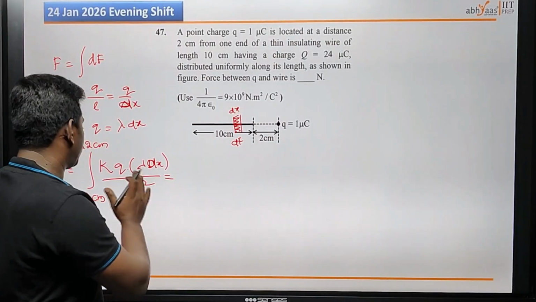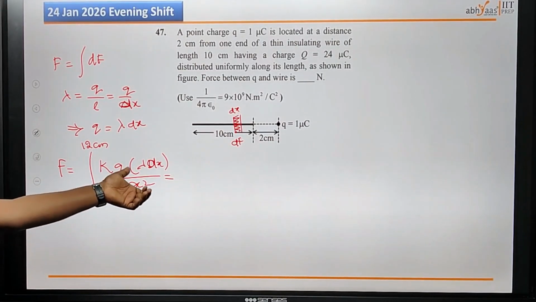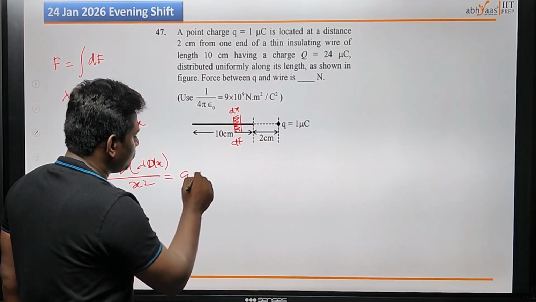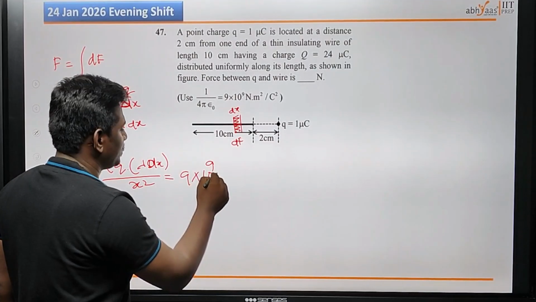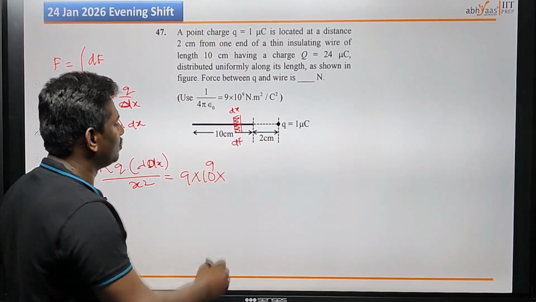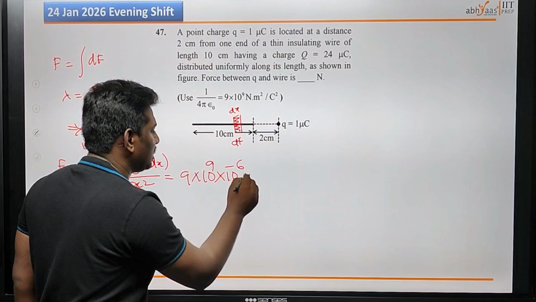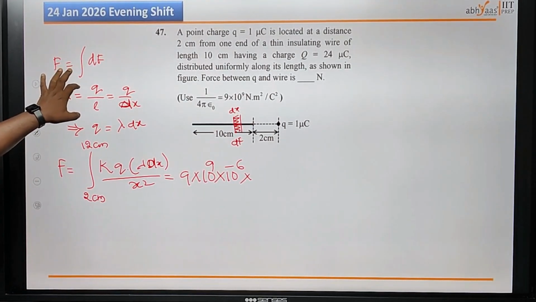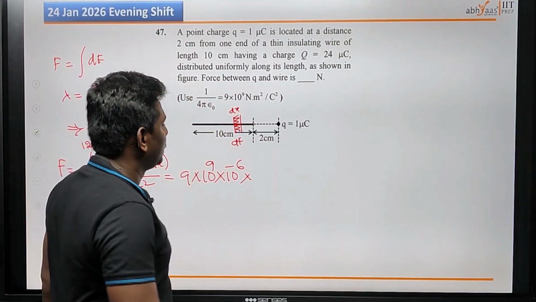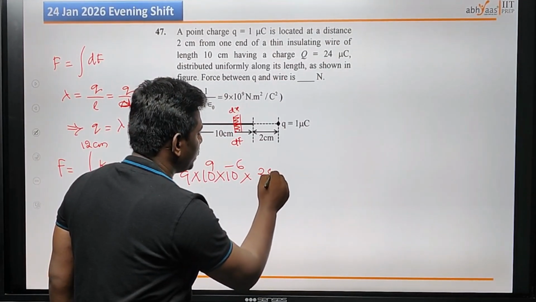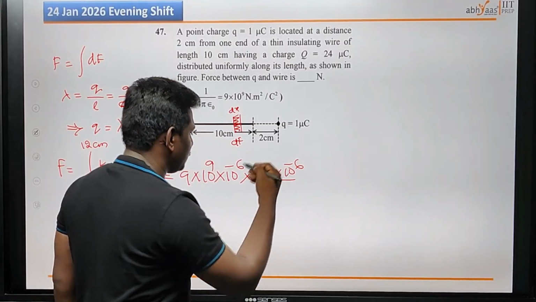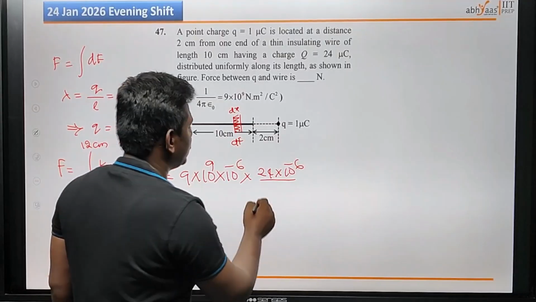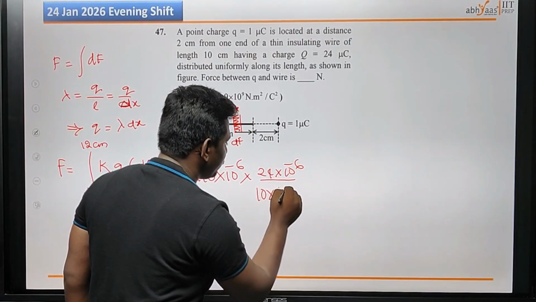From this one, take out the constants: K, Q, lambda. 9 into 10 to the power 9, that is nothing but K. Q, they have given 1 microcoulomb, that is 10 to the power minus 6. And one more is there, lambda. Lambda is nothing but Q by L. What is Q of the rod? 24 into 10 to the power minus 6 by L. L is nothing but length. They have given 10 centimeters, 10 into 10 to the power minus 2.